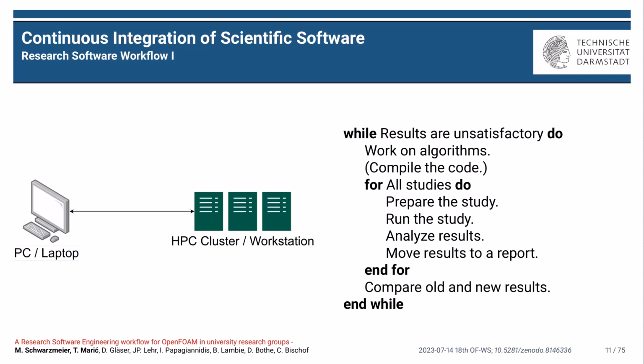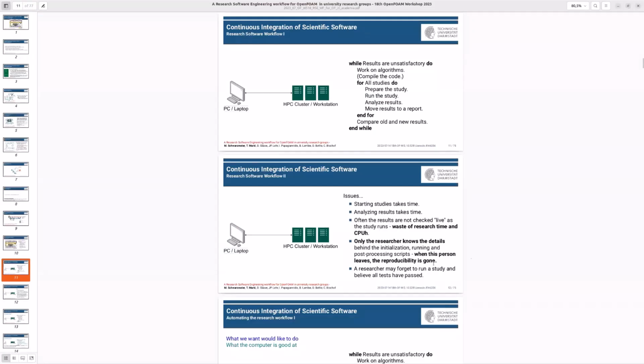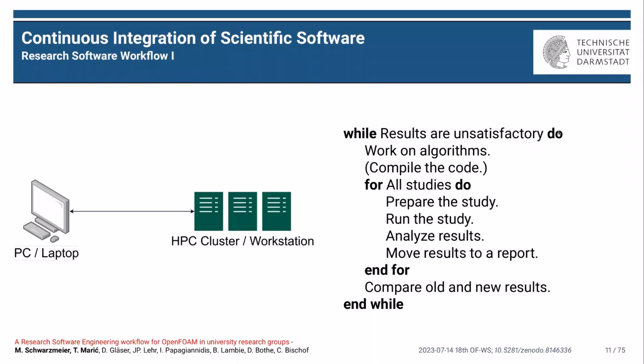We work on the algorithm, we compile the code, and then for some studies and test cases, we prepare a study, we run it, analyze the results, and in some cases, we move the results to a repo, compare old and new results, and do that over and over again until the results are satisfactory.